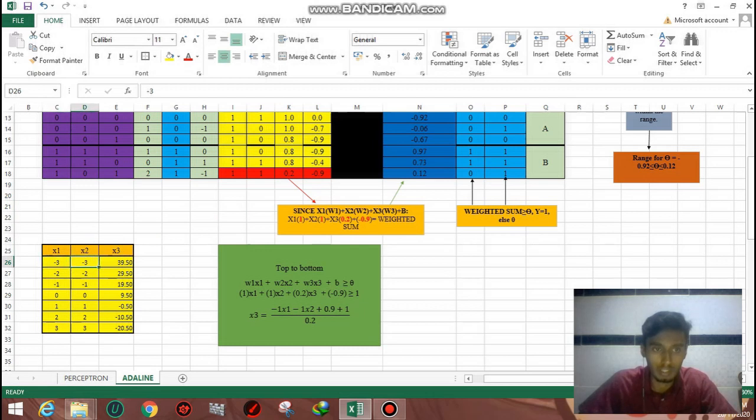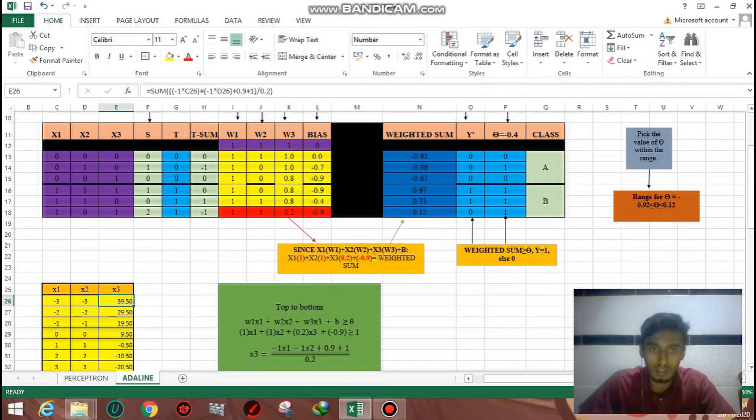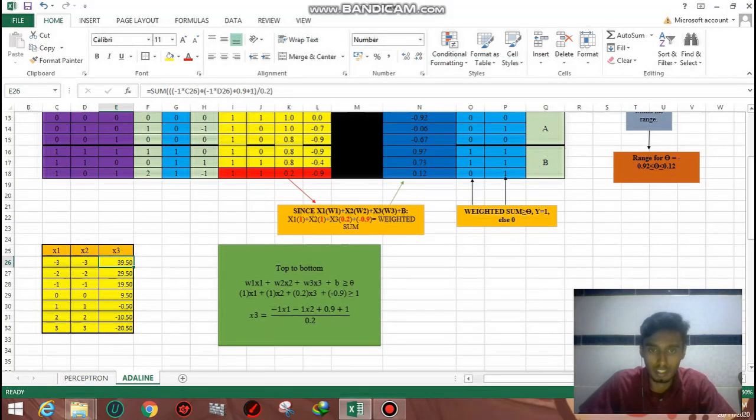which is given to find x3, and the formula is here. We use this formula to calculate the value of x3. To find x3, we times w1 with x1, which is w1 from here to x1, and plus w2 x2 plus w3 x3 plus b to get the value of x3.